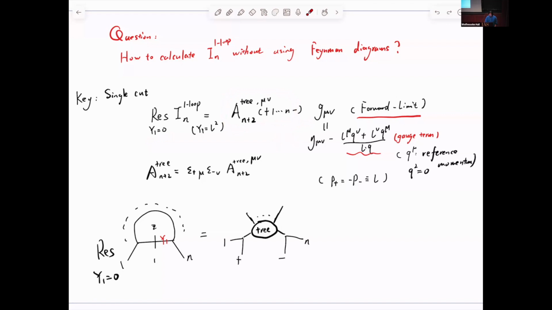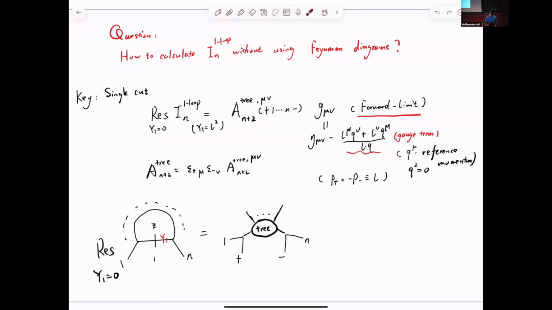In the forward limit, p plus and p minus have the same momentum, and now you need to glue those two legs. For example, you can see a picture like this. But when you glue in the forward limit, sometimes it will break gauge invariance.